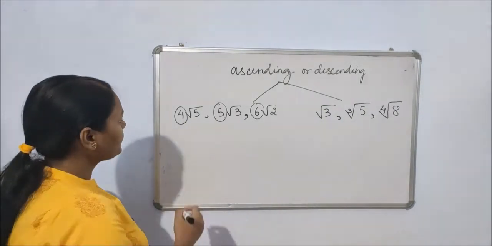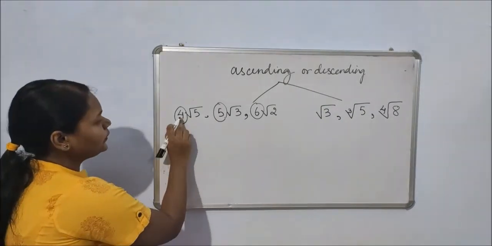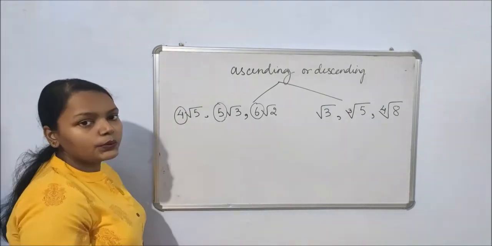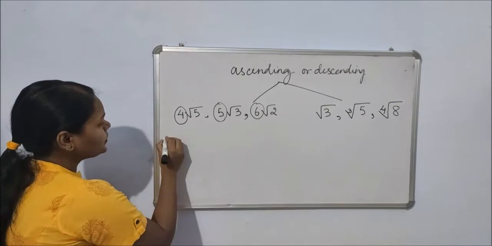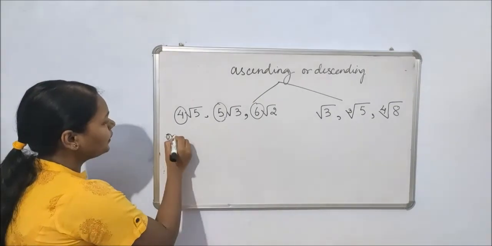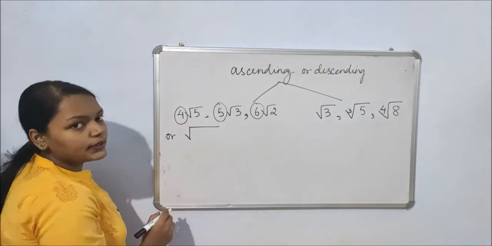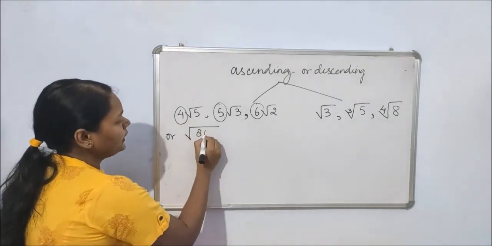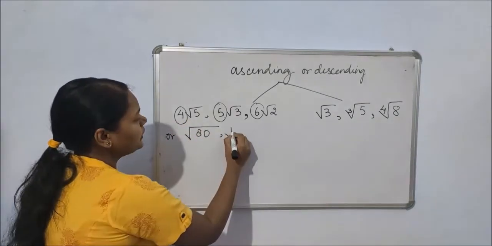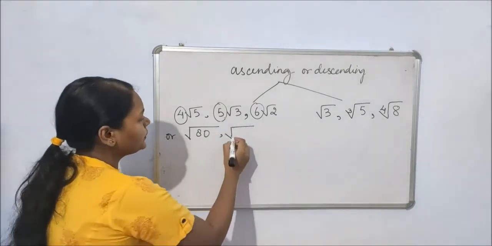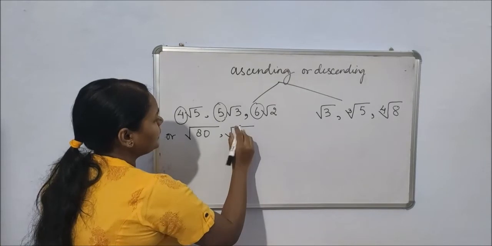Let's see. So this I have told you, if I want to take this number inside the root, I take all these inside the root and compare. Fine. So this number will become 4 into 4 is 16 and 16 into 5 is 80. Then this number will become 5 into 5 is 25, 25 into 3 is 75.